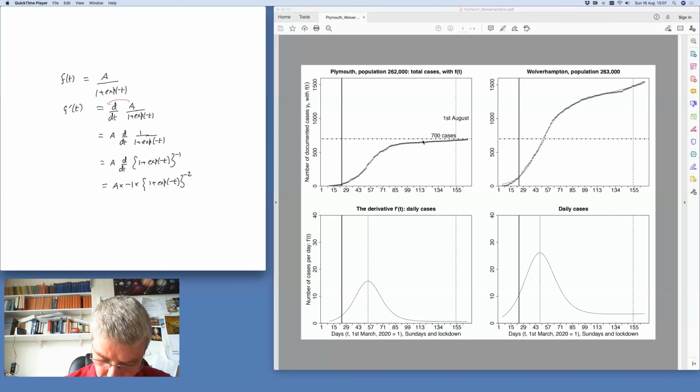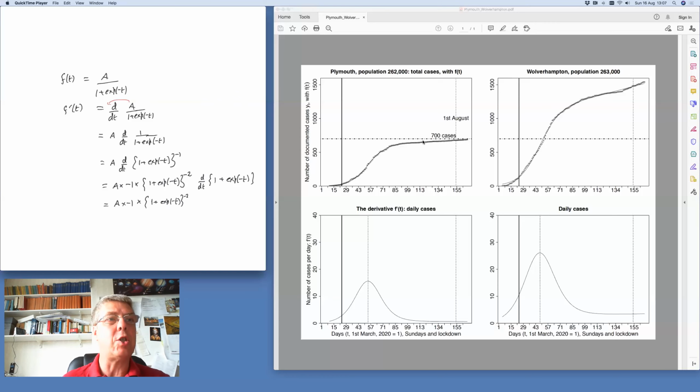But then I have to multiply that by the derivative of the function that's inside the bracket. So I've got to multiply that by the derivative of what I'm writing there, 1 plus exp(-t). So I get a times minus 1 times (1 plus exp of minus t) to the minus 2.